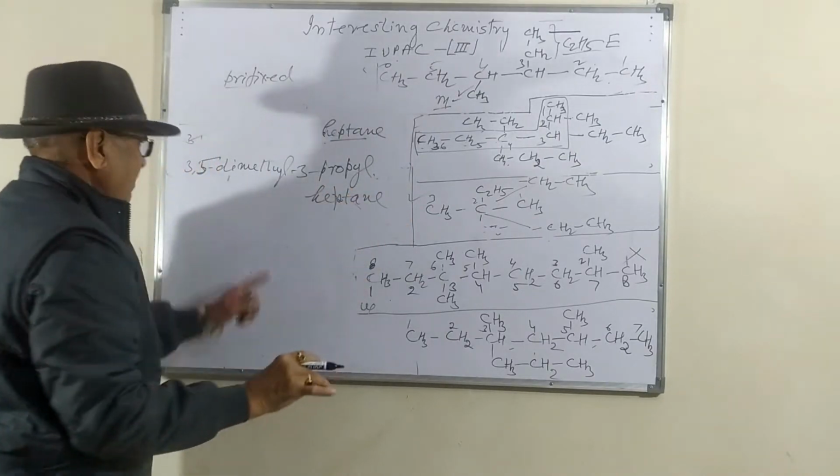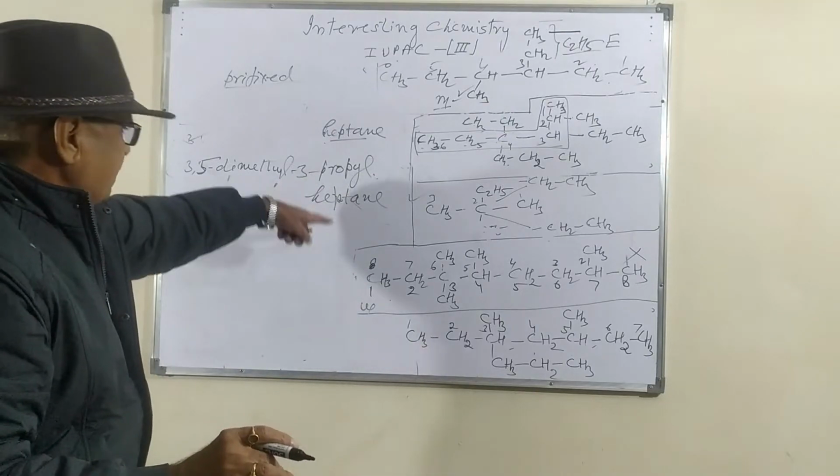So the name of this compound will be 3,5-dimethyl 3-propyl heptane.